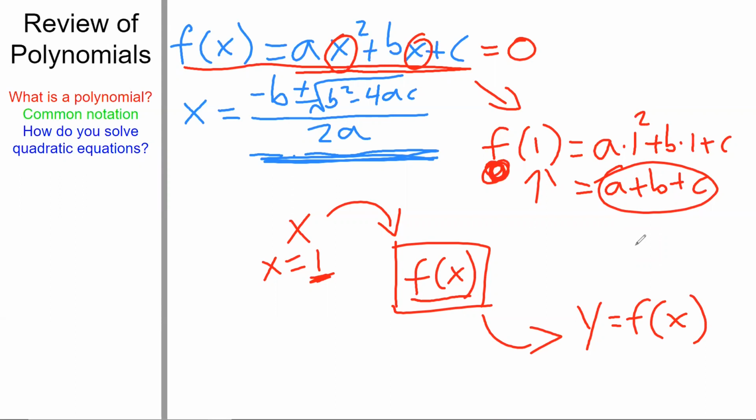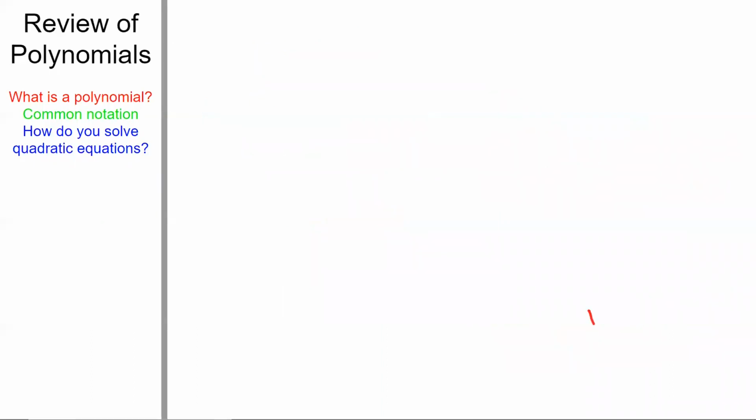Okay, so let's move on. What are the roots of x minus 5 is equal to 0? So basically, what x can I plug into this equation so that it's true?